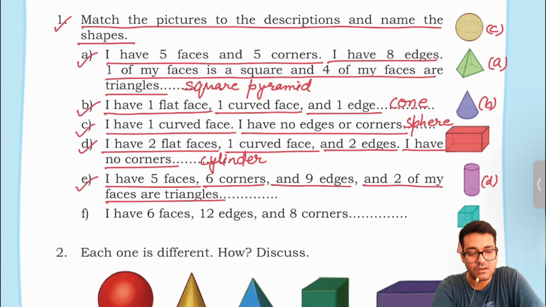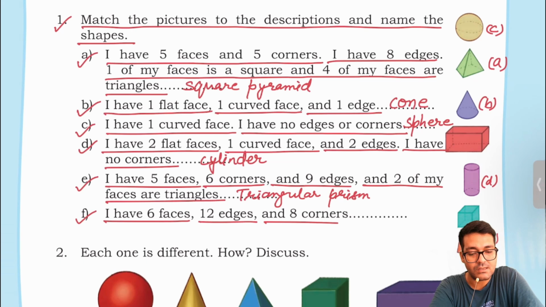The answer is triangular prism. F. I have 6 faces, 12 edges and 8 corners. The answer will be cube or cuboid.